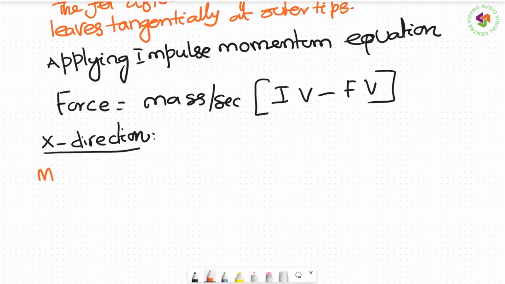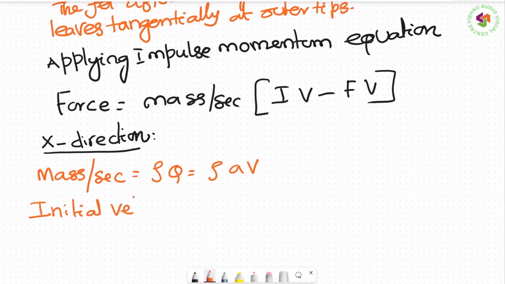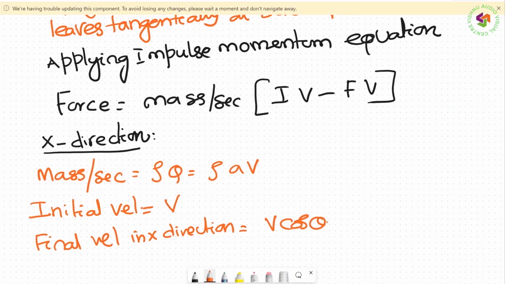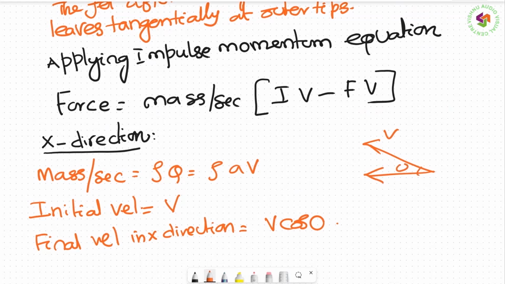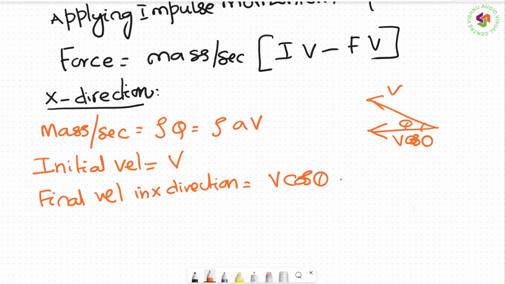Mass per second is rho Q, which is nothing but rho A V. The initial velocity is entirely in the x direction, it is V. The final velocity in the x direction, please note this, is equal to V cos theta. I want this component, this is theta, V cos theta. This is what you should understand.